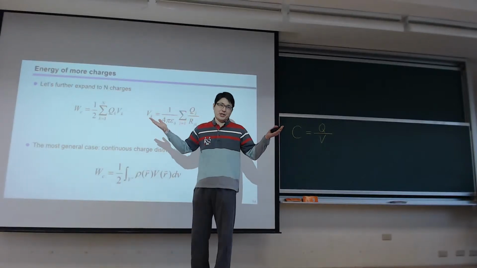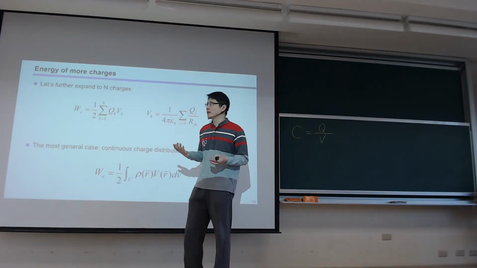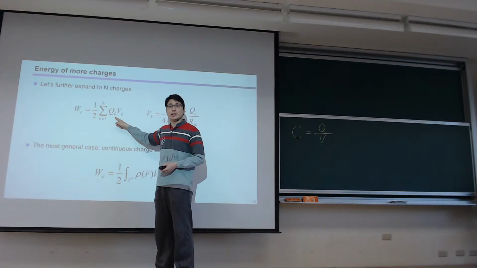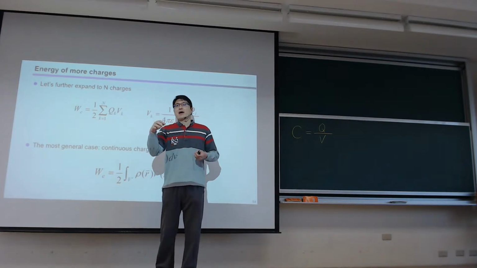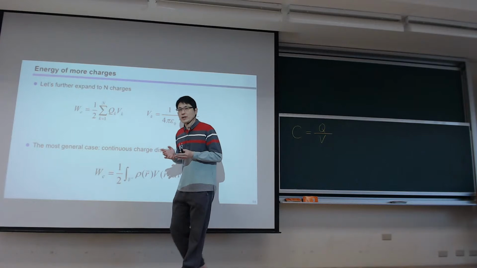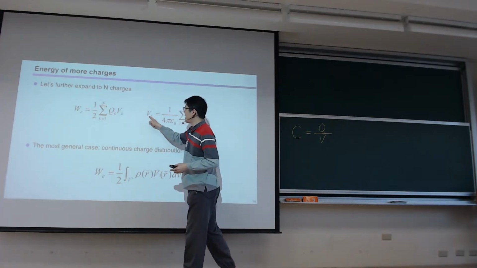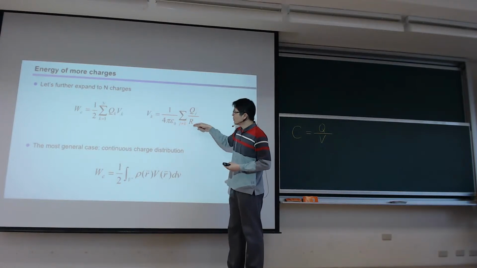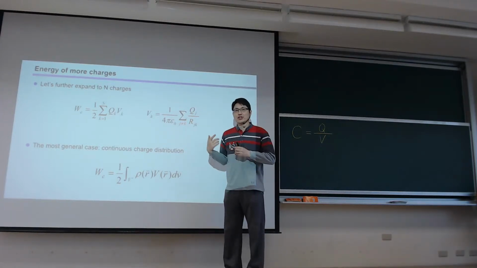Suppose you have 10 charges and you're trying to calculate the energy portion for the 5th charge, so K equals 5. So the 5th charge has to work against the other 9 potentials, right? So this potential Vk is actually another summation of all the potentials of all other charges.